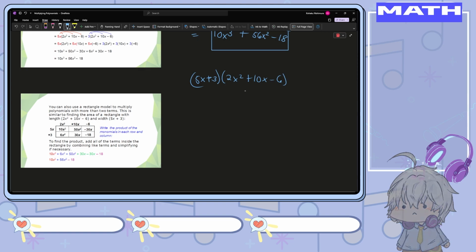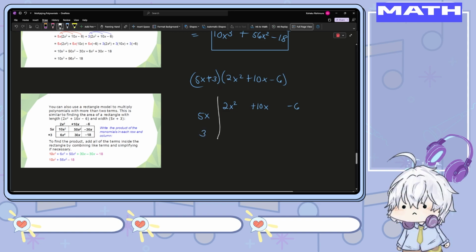Doing so, we can use the following, wherein you can write 2x squared plus 10x minus 6 horizontally. So that will be 2x squared, positive 10x, negative 6. And we can write 5x plus 3 vertically, or actually you can just interchange them. Either way, you will still arrive at the same answer.